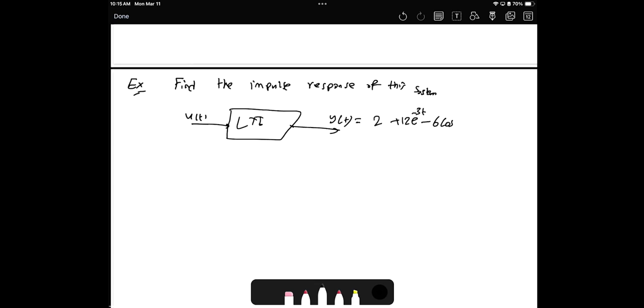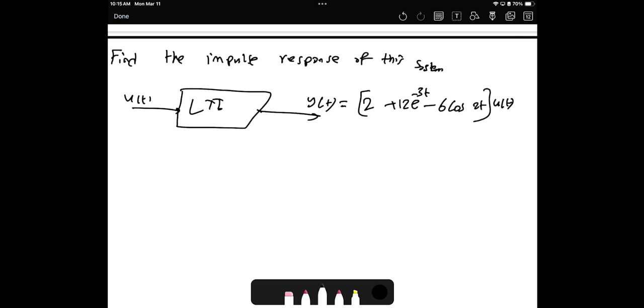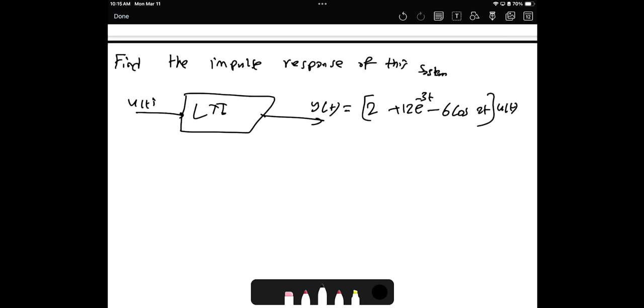By looking at this system, you will see that the input is u of t, the output is y of t. The question says find the impulse response. Impulse response means h of t, right? How to find h of t based on the system that we have? Look at the system, the input is u, right?